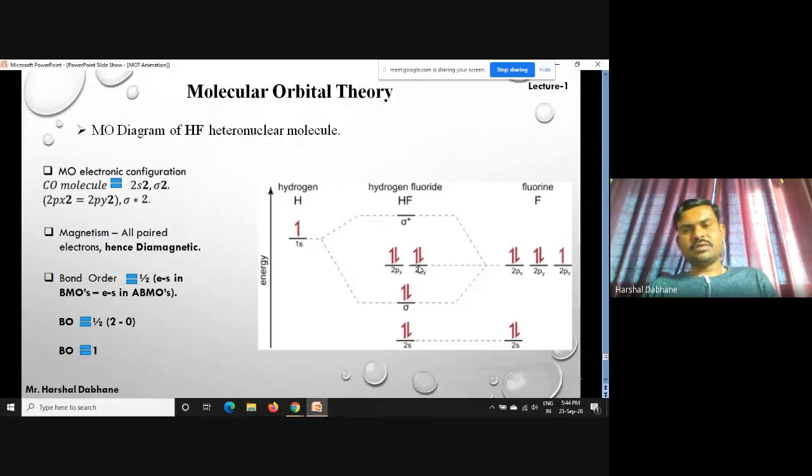They are called non-bonding orbitals, that is 2px and 2py. From the combination of 2pz and the 1s orbital we get sigma and sigma star. This one is the sigma. One electron over here, another electron over here; both electrons enter the sigma, and the sigma star remains empty.